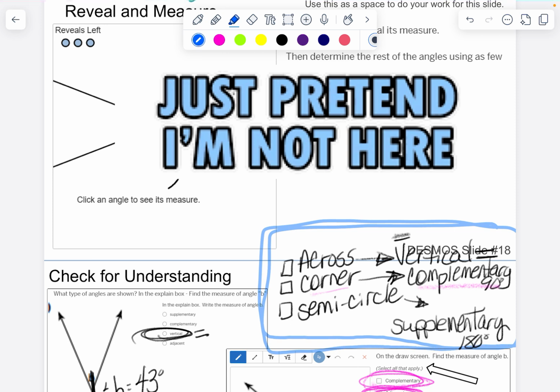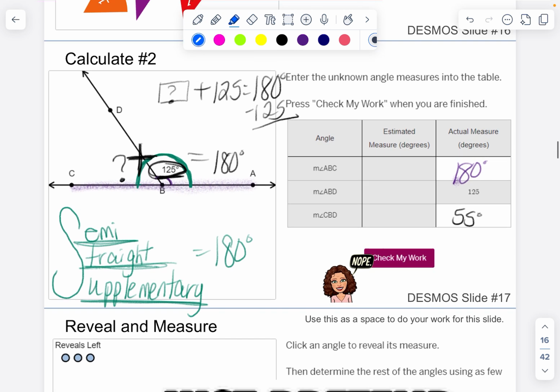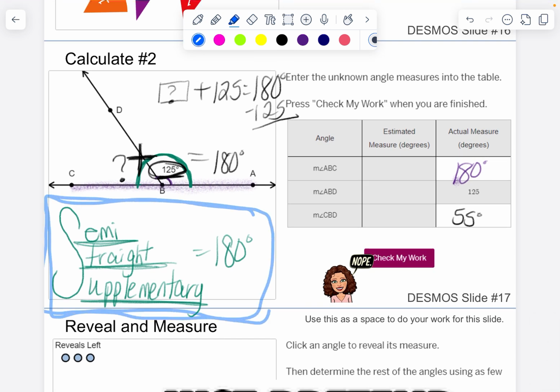If they're across from each other, they're vertical. If you've got a corner, complementary, semicircles, 90. Another one of my little helpful hints, this is what you'll see in my posters that I'm going to be hanging up. Supplementary, straight, semicircle, straight, supplementary. Those go together.